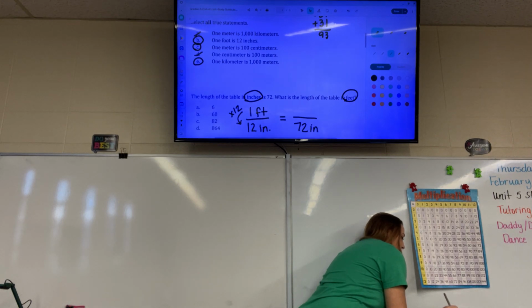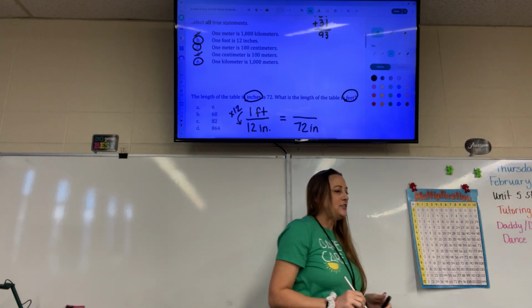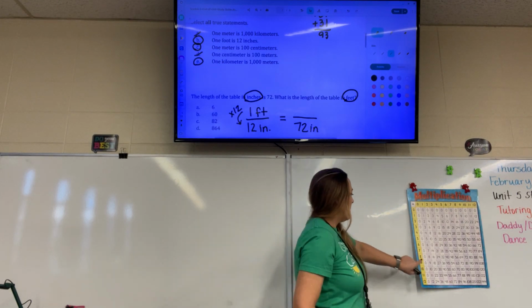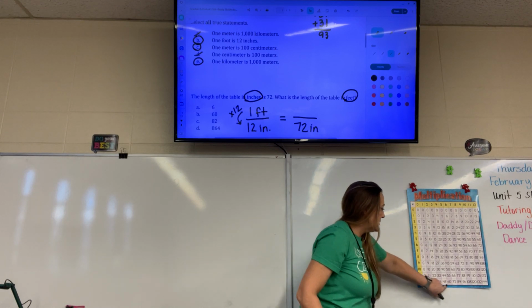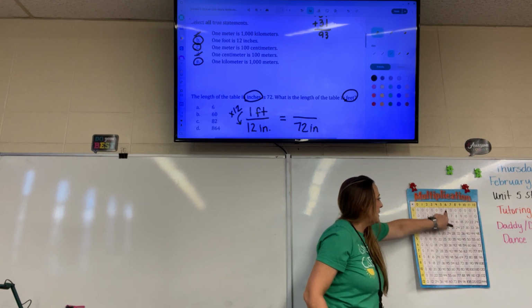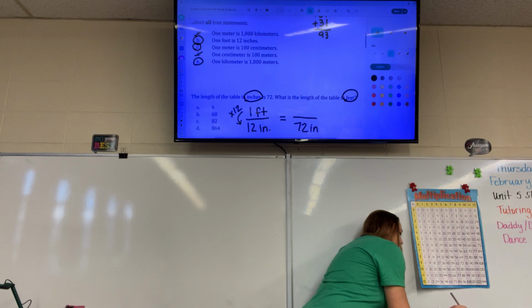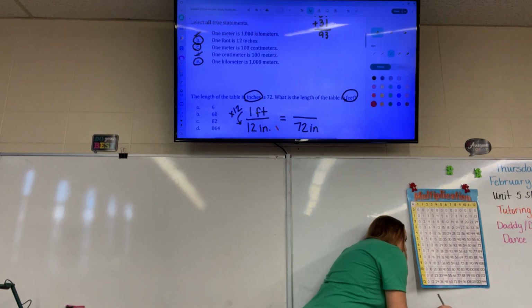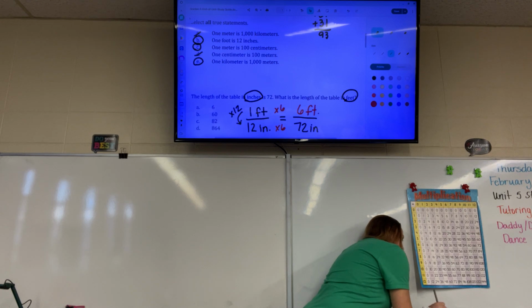What do you multiply 12 times to get 72? 6. And if you do it to the bottom, do it to the top. What's 1 times 6? 6. So the answer to this question is A, 6 feet.